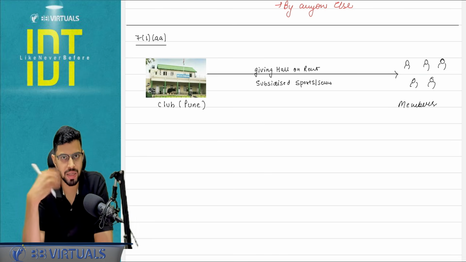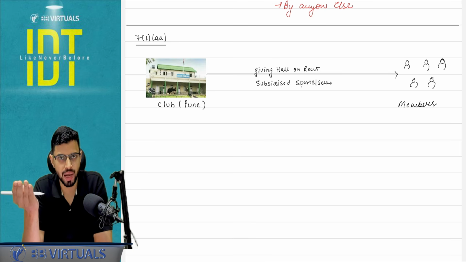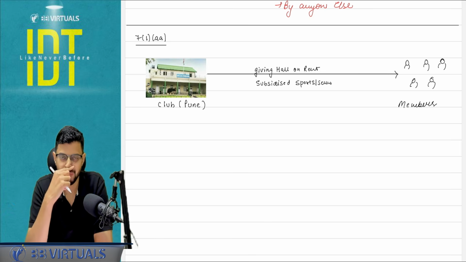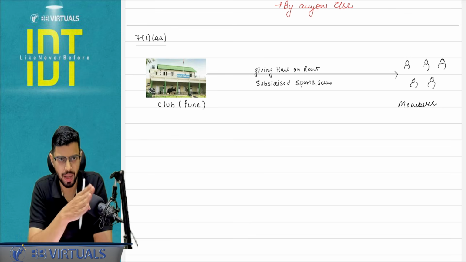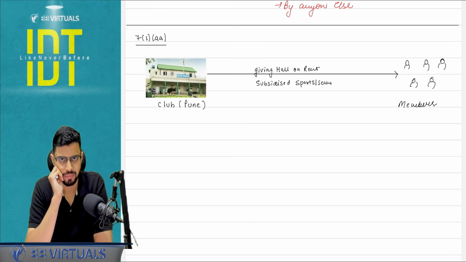Can I say that I am giving the IDT teaching service to myself? No, I am teaching it to you. BB Virtuals is the supplier and you are the recipient. So there need to be two people in a transaction, supplier and recipient.